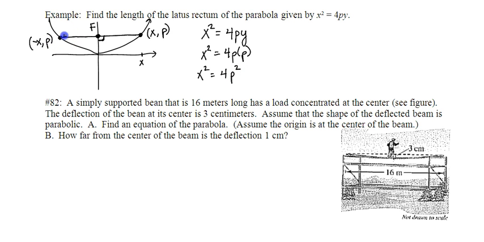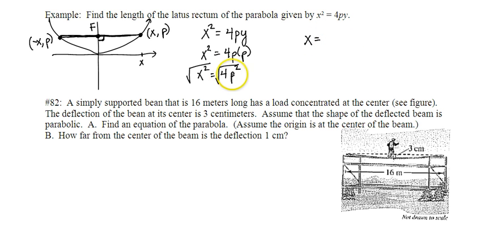Well, remember, I'm looking for this length. So basically, I have one x value. If I make the latus rectum, I would have the length of 2 x's. So I want to solve for x. Well, that's easy to do from here. We can take the square root, and x would equal plus or minus, but whenever I'm finding a length, I want this to be positive.